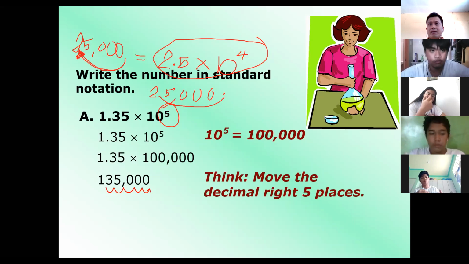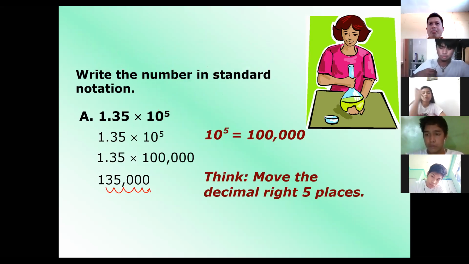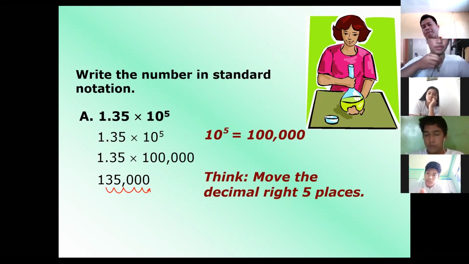Clarifications? Yes, Alex. Sir, if we're going to convert 20 sextillion to scientific notation, should it be 2.0 or just 2? I will accept 2, I will accept 2.0, but it's still the same.